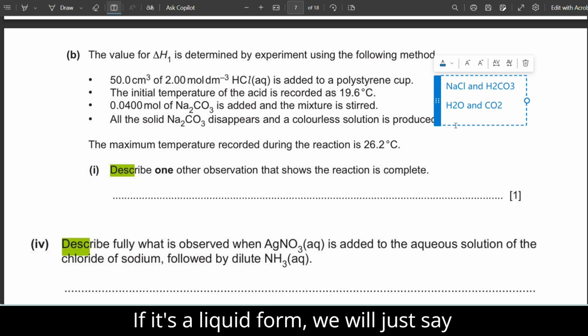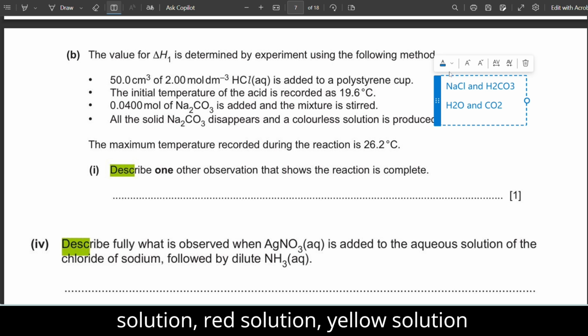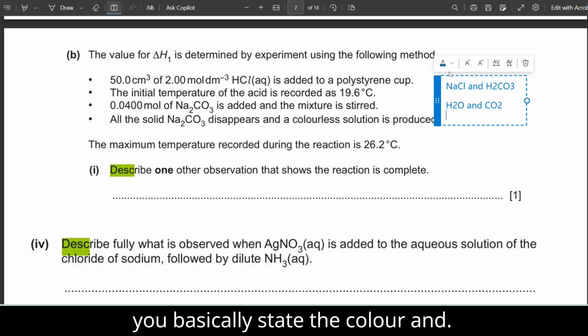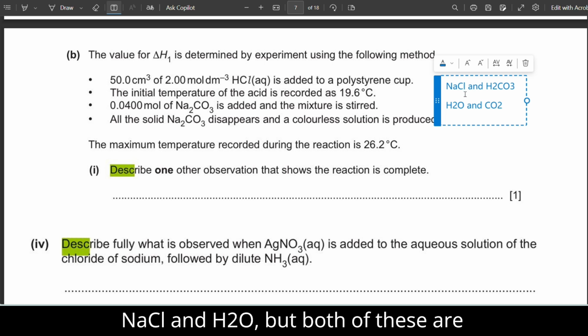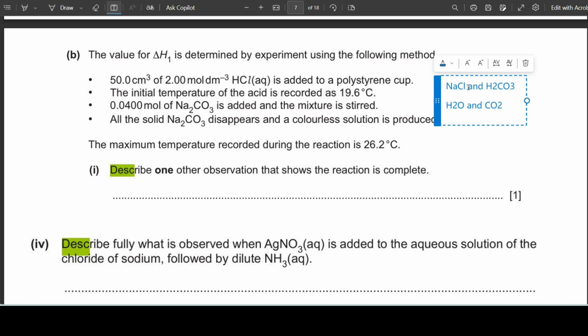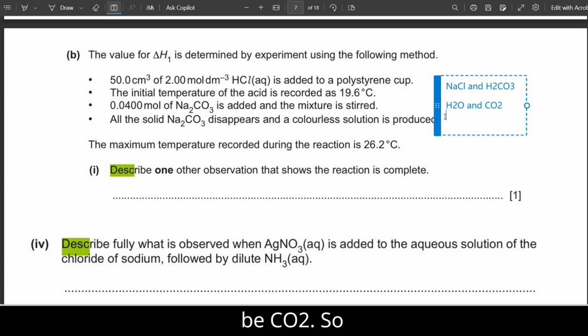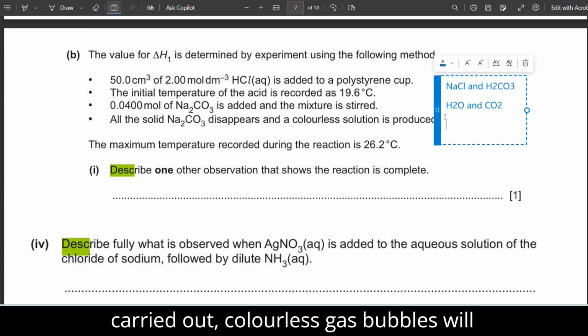If it's a liquid, we'll just say it is a blue solution, red solution, yellow solution, etc. So you basically state the color and the state of matter, whether it's a solid, liquid, or a gas. In this case, yes, we are producing NaCl and H2O, but both of these are transparent. You can't really see. The only obvious thing we're producing would be CO2. So when the reaction is being carried out, colorless gas bubbles will be released.